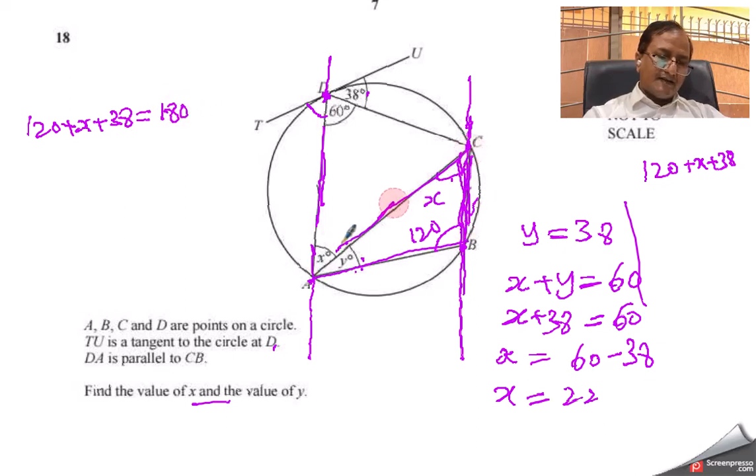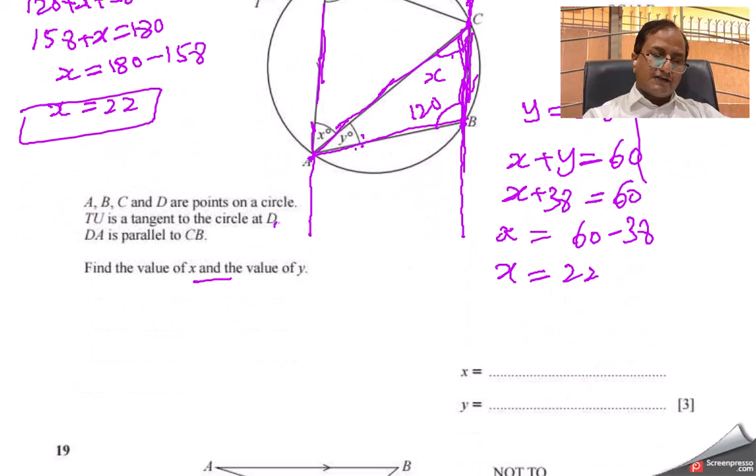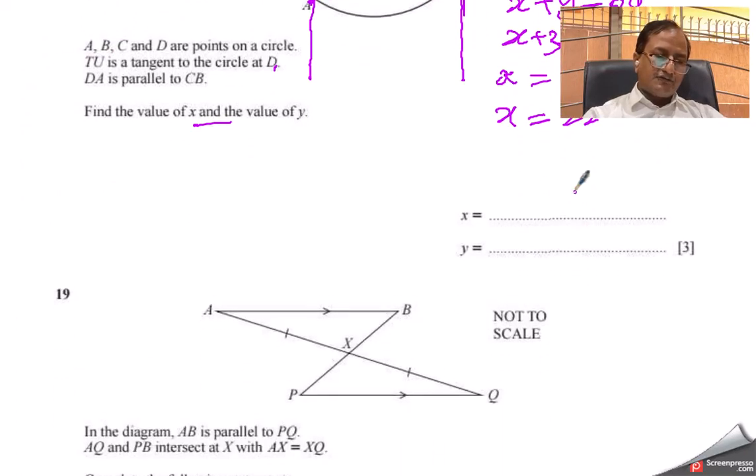Now it is 158 plus x equals 180. So x equals 180 minus 158, and again we get 22. There is more than one method to solve the questions. Here we have x equals 22 and y is 38.